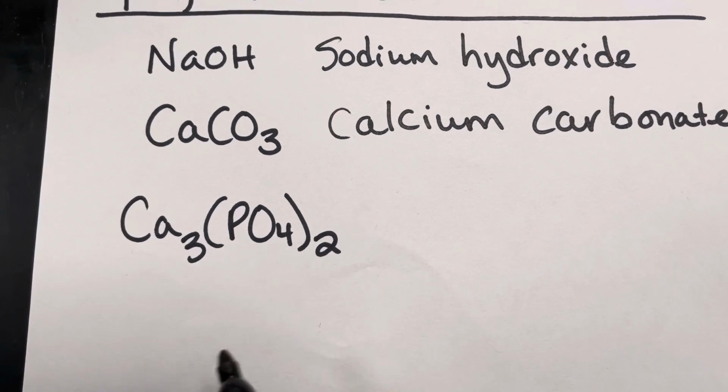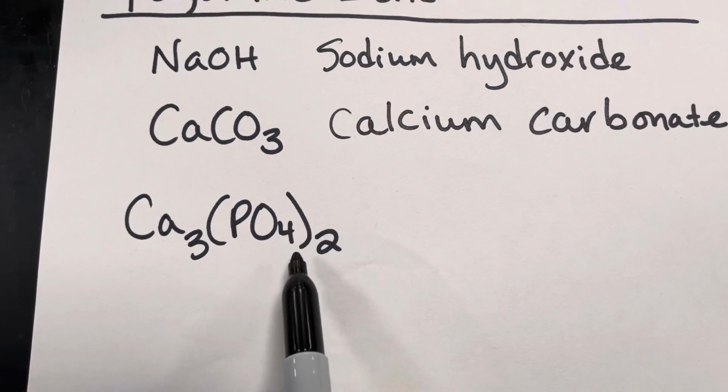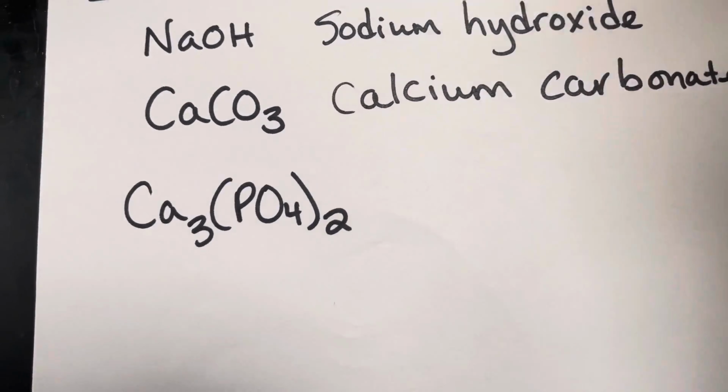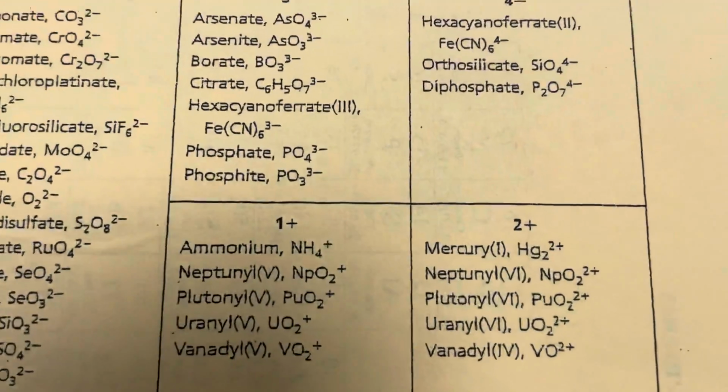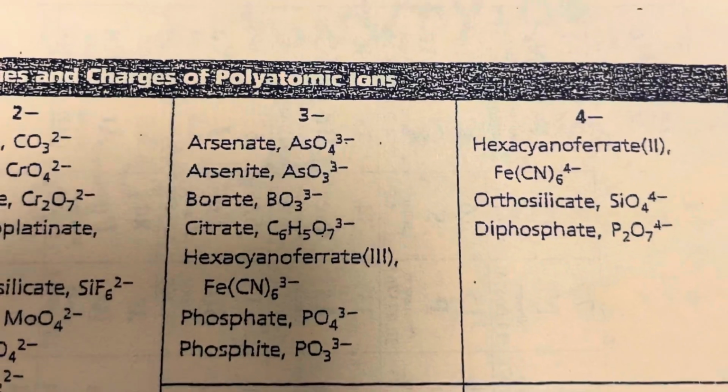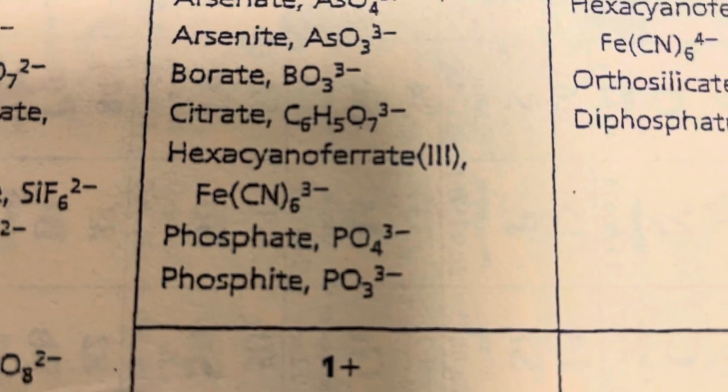But anyway, when we go to name this thing, again, notice that there are 3 capital letters, so we have a polyatomic ion. So we look over here and we look for the PO4, which is up here. So PO4 is phosphate.